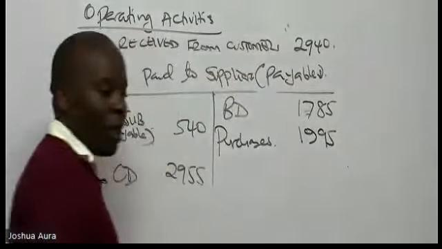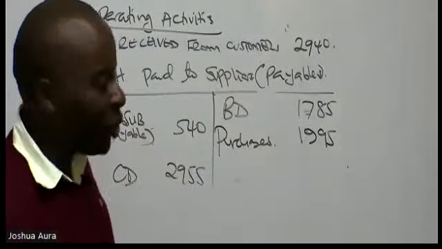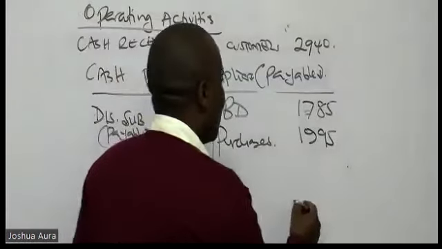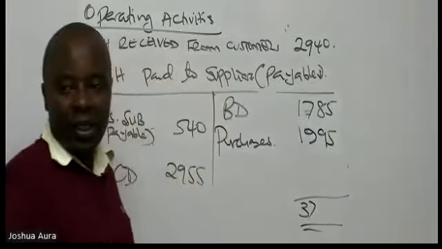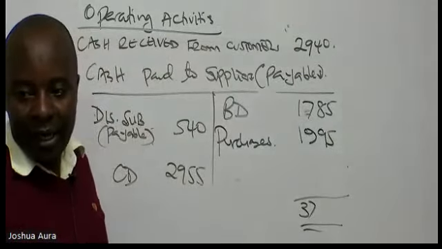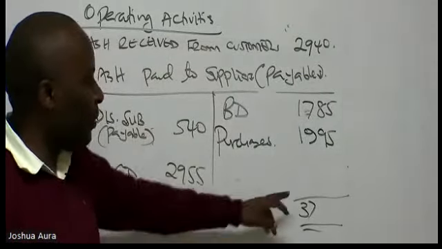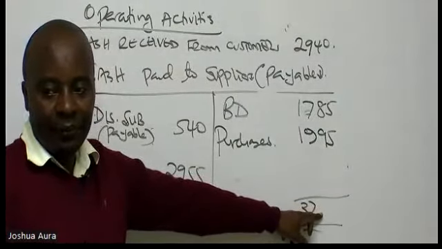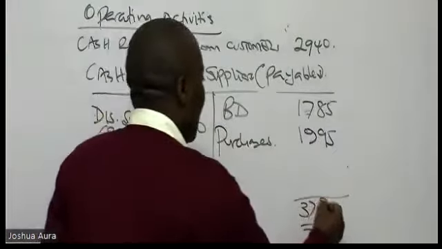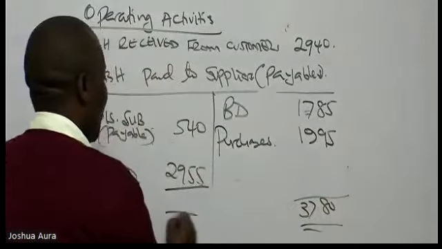Thank you so much. So Jackie is telling me that I should have this balancing at 37 something. Please give me this figure here. 37, 80.